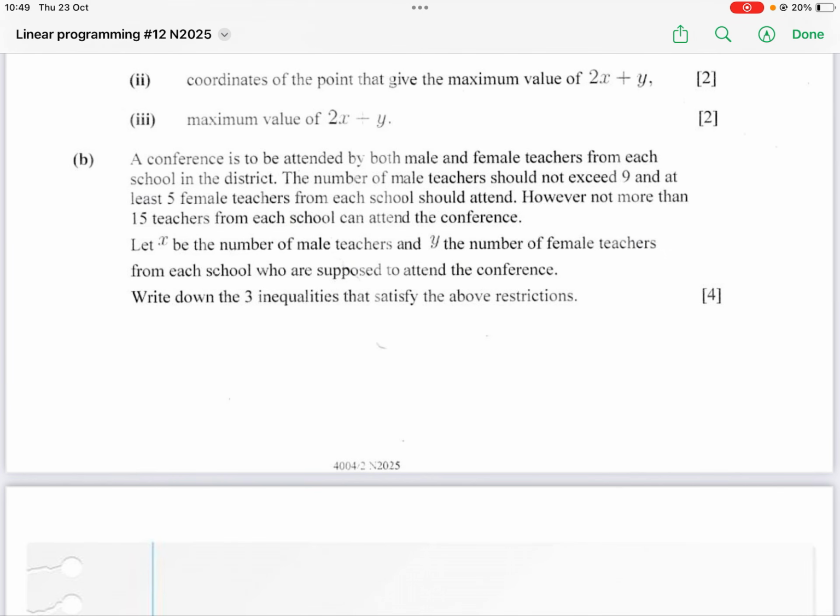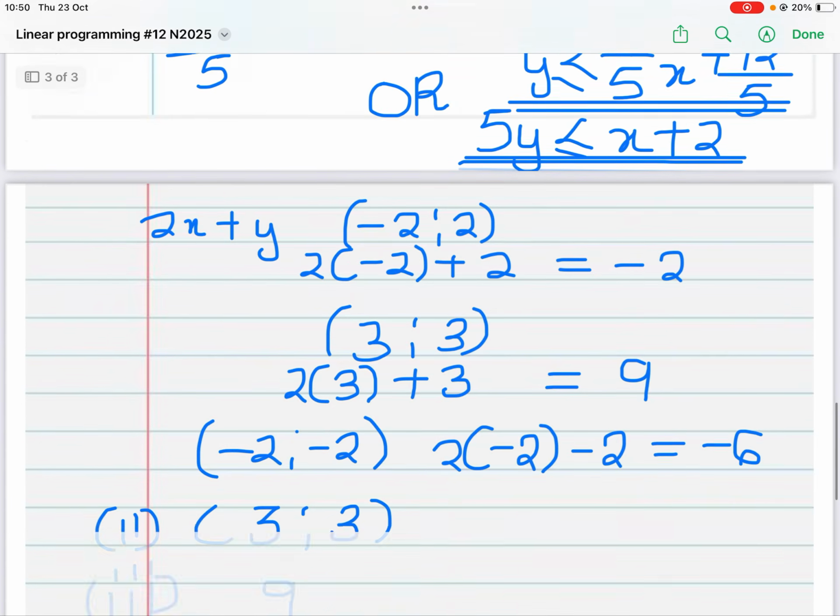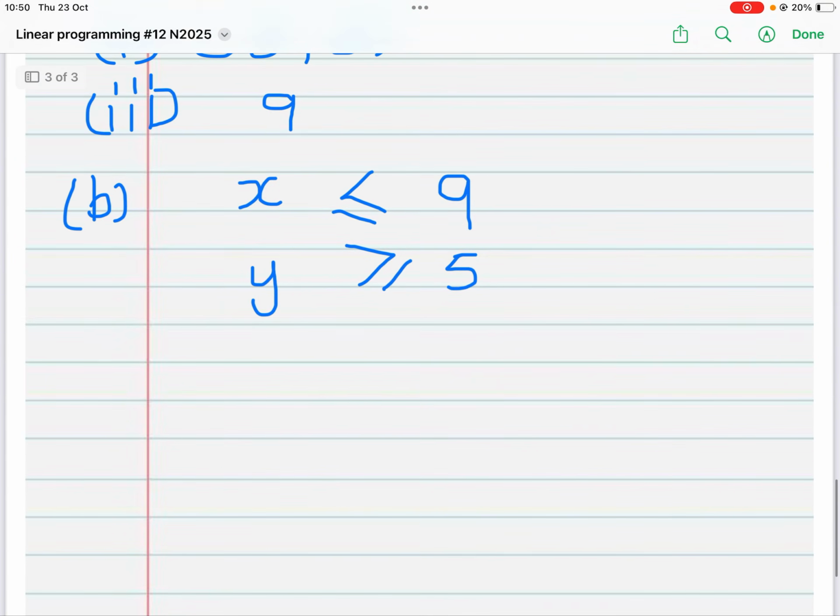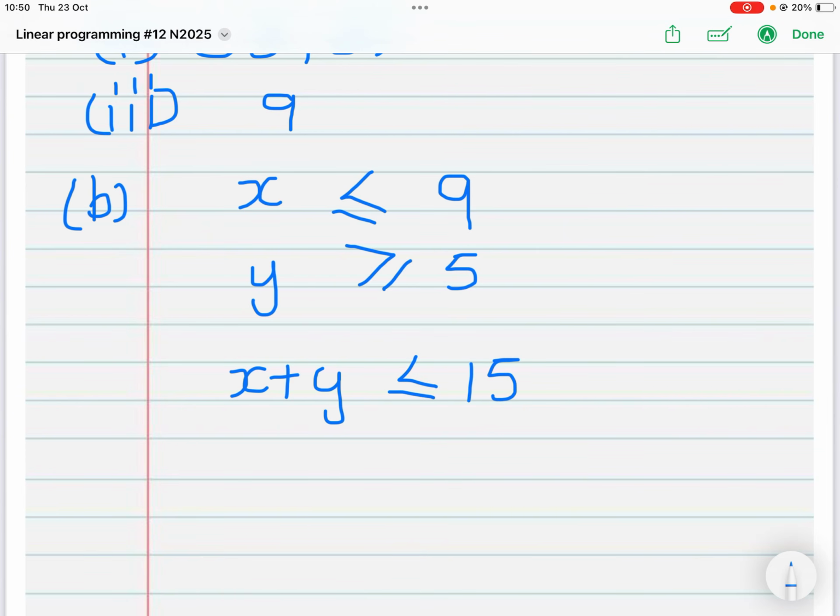So it means that we can have 15 teachers and below. So we write X plus Y is less than or equal to 15. So these are the 3 inequalities that satisfy the restrictions provided.